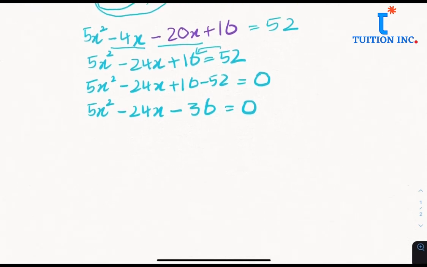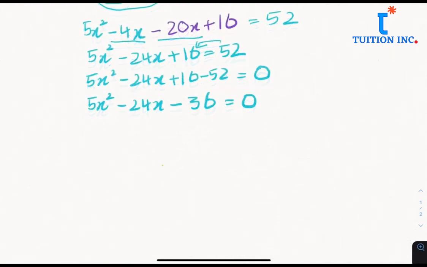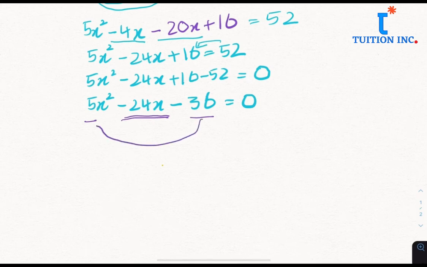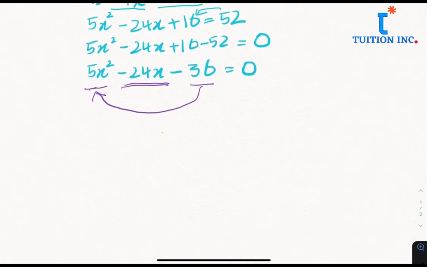Now we have to form factors. Now we have to break this middle term minus 24x into two factors, which when added up give minus 24 and which when multiplied give the product of the first and the last term, 36 and 5, which is 180.